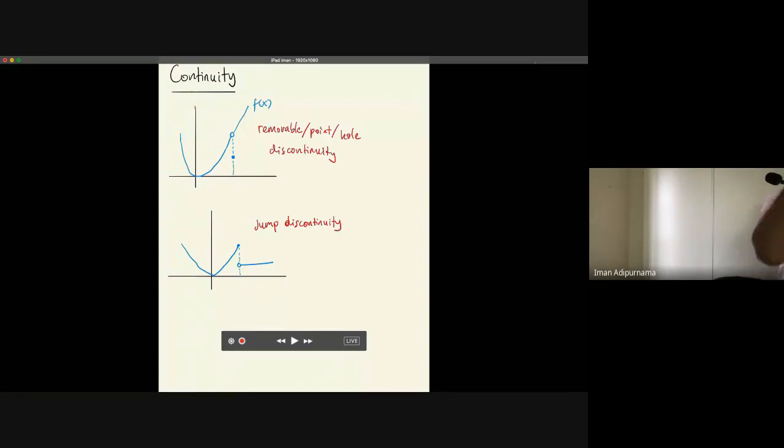You don't really need to memorize the name actually, but at least the graph makes sense. But here at A, there is no limit, right?